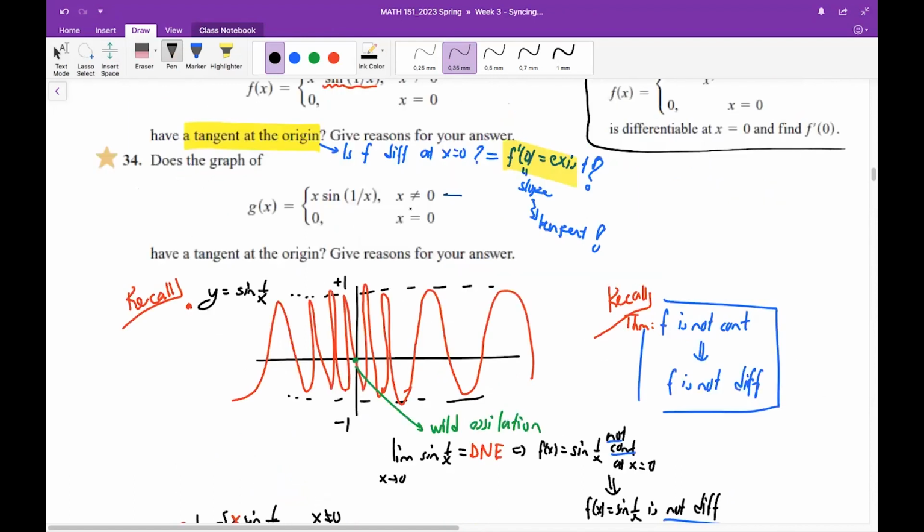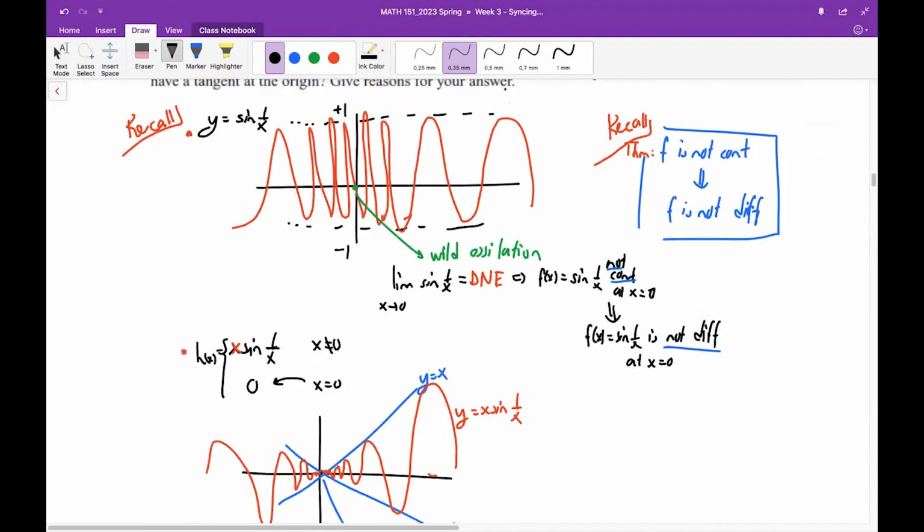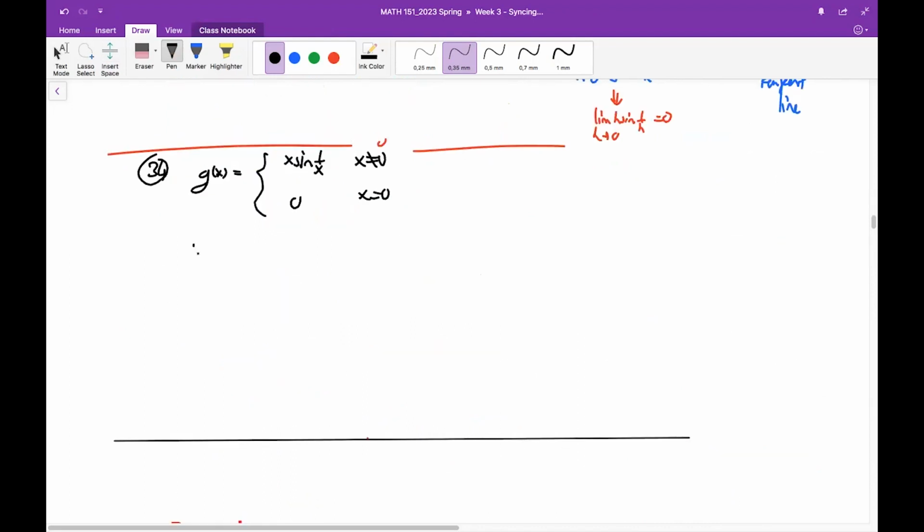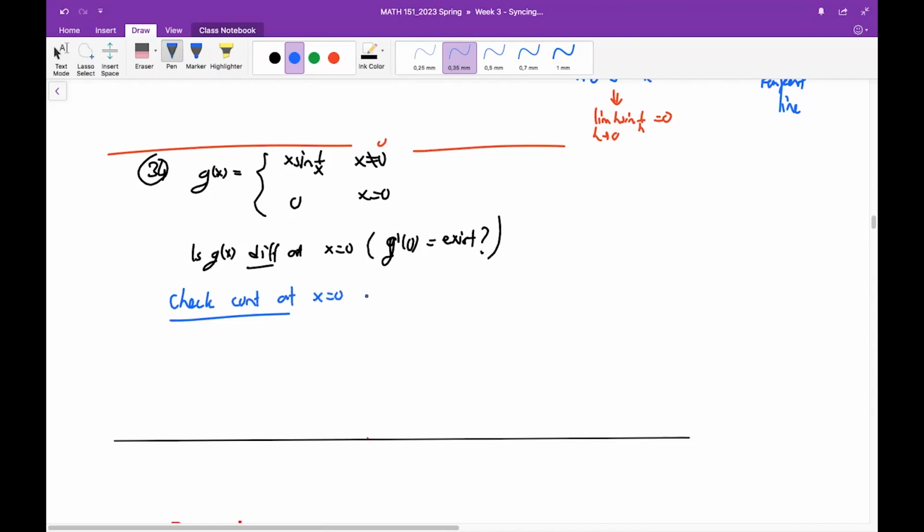So the same question: we need to search for the first derivative to see whether there is a tangent line or not. To check differentiability, the question is, is g of x differentiable at x equals 0, asking the same thing, whether this exists or not. To check differentiability, we start by checking continuity at x equals 0 first.